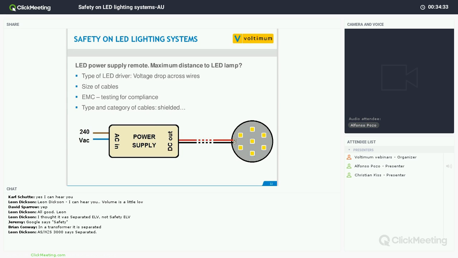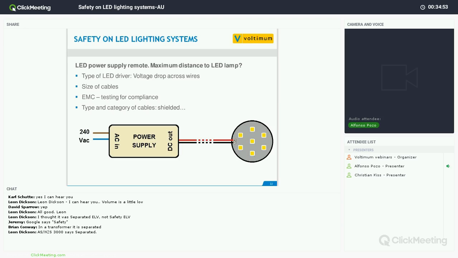Prolonging the wires between drivers and LED modules might increase the risk of electromagnetic interference. Also, the type and category of cables is important. They are shielded and twisted, a type of protection also for electromagnetic interference.